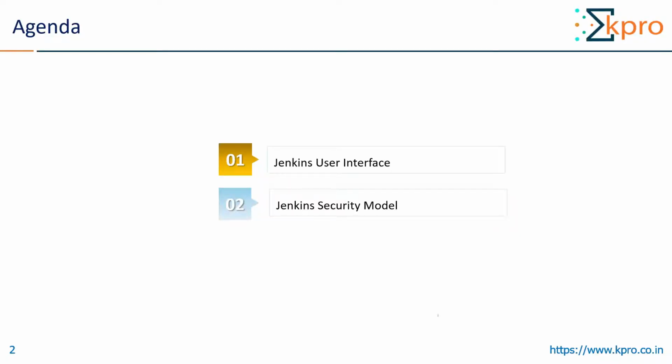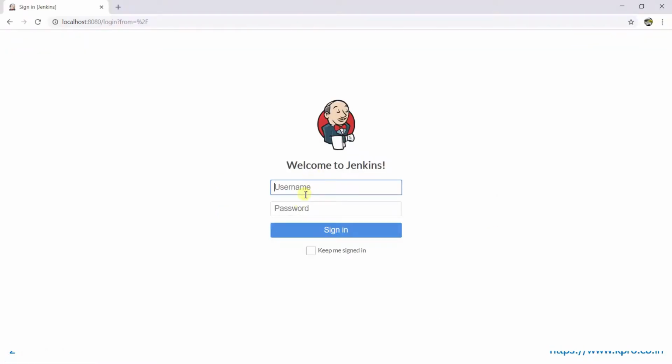In this video, I will be walking you through the Jenkins user interface, and I will show you how user can be created and managed. I'm logging into Jenkins with the admin user which I created in the previous video.